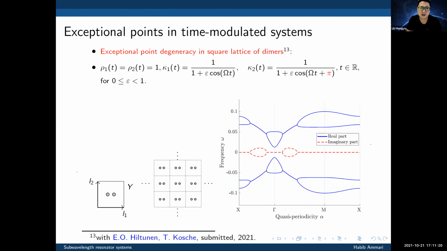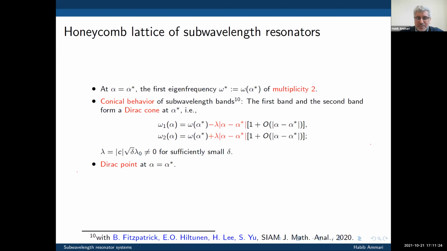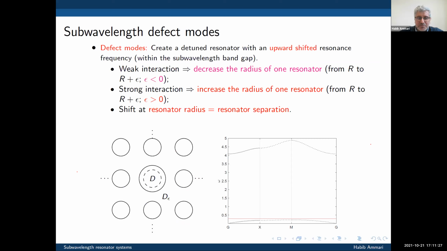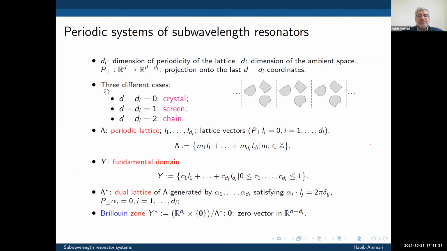So somehow there is no difference. How I classify it: you take d dimensions of periodicity and d dimensions of the ambient space, and you get these cases here. Whether the difference is 0, 1 or 2, the analysis is basically the same. Here you need 3, 1.